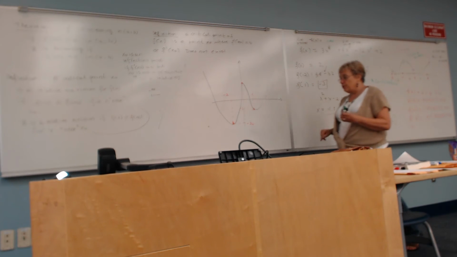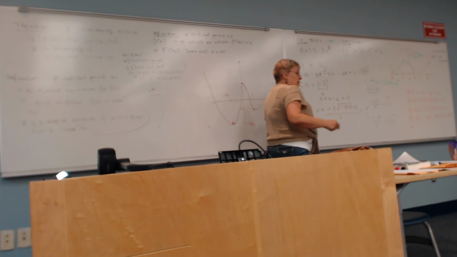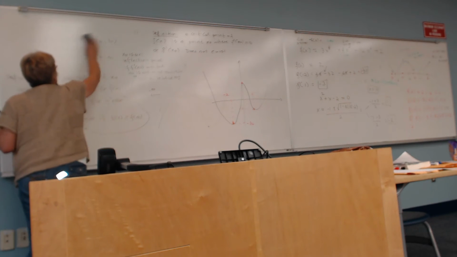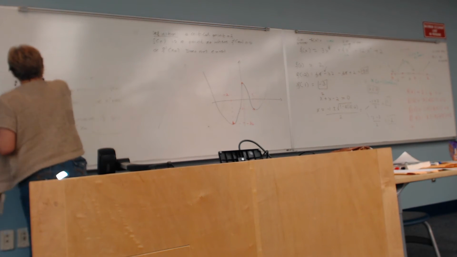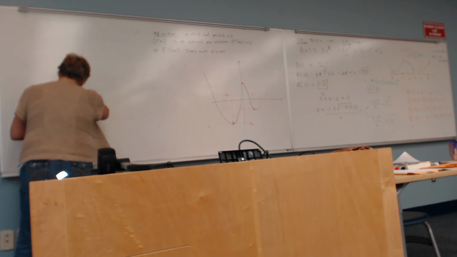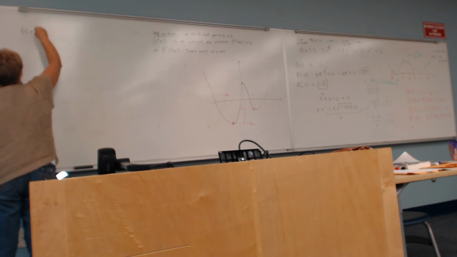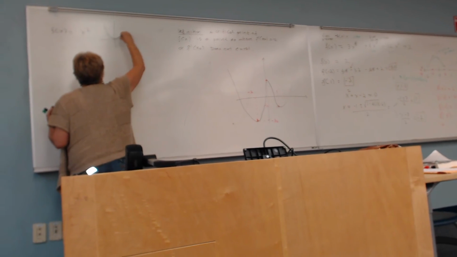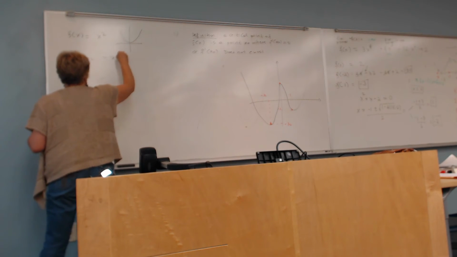So let me talk about concavity and convexity. So for concavity, we consider the function f of x equals x squared, and we consider the function minus x squared.